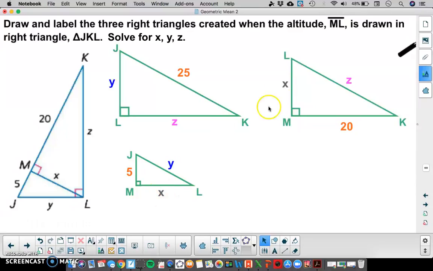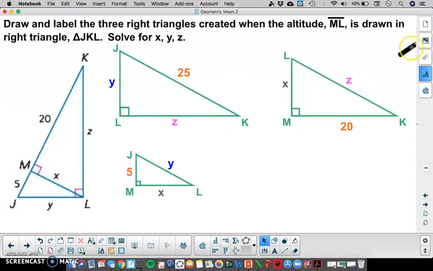Notice that ML is the same as this ML. They're both valued X. JL is the same as this JL. They're both valued Y. It's because those are shared sides for those triangles. The hypotenuse of the smaller triangle is the shorter leg for the large right triangle.